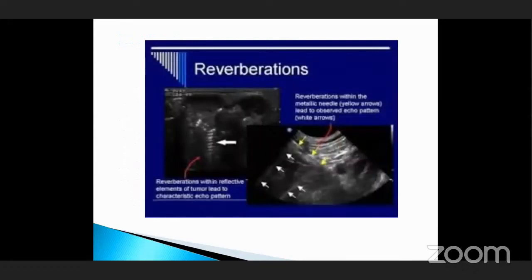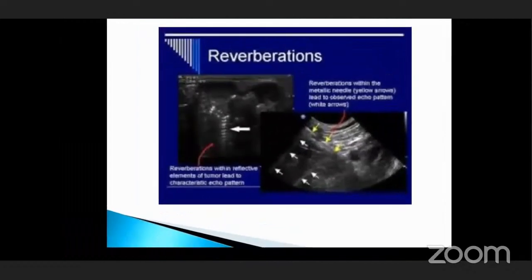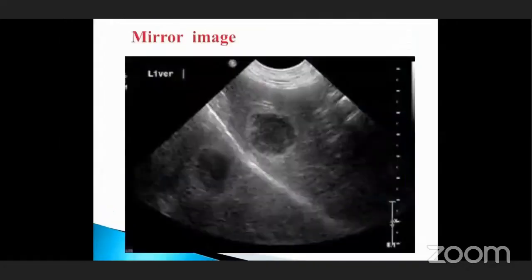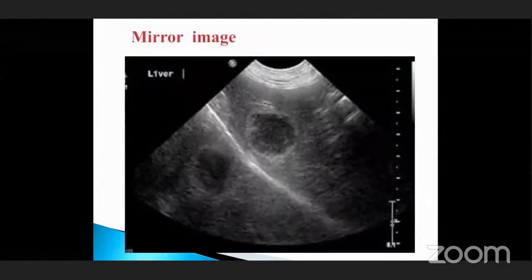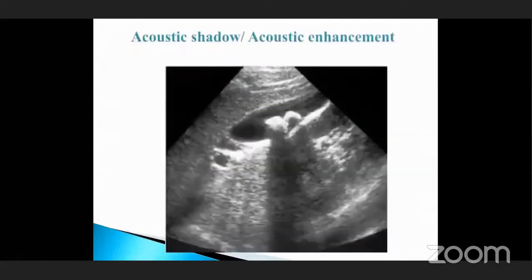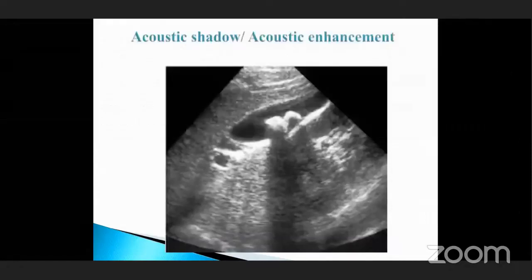Now, these are reverberations. These are the pictures of reverberation which you normally encounter in case of metallic foreign bodies. Now, mirror image: you can see this gallbladder is visible on both sides of the diaphragm. Acoustic shadowing, that is the highly reflective surface blocking all the sound waves, so anechoic areas beneath this hyper reflective surface are seen.